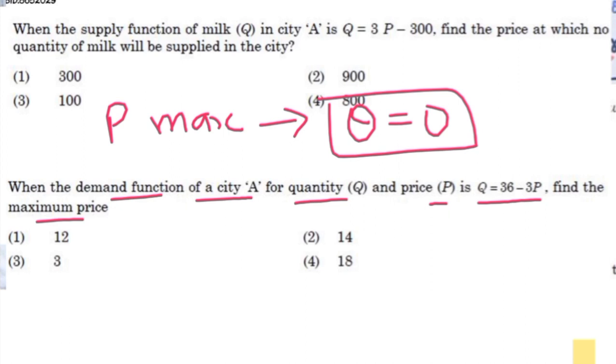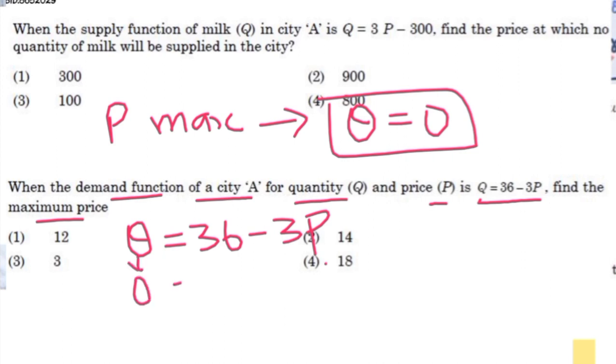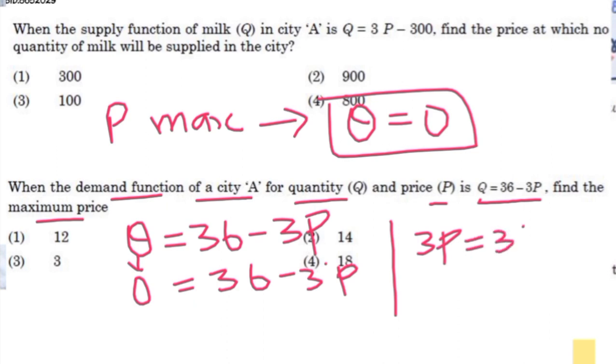So we are being given the quantity demanded function is 36 minus 3p. So price will be maximum when quantity is equal to 0. So let us write in place of quantity 0 should be equal to 36 minus 3p. Solving for p again, we will get 3p is equal to 36, which gives us p will be equal to 36 divided by 3, which comes out to be 12. That means the maximum price will be 12.